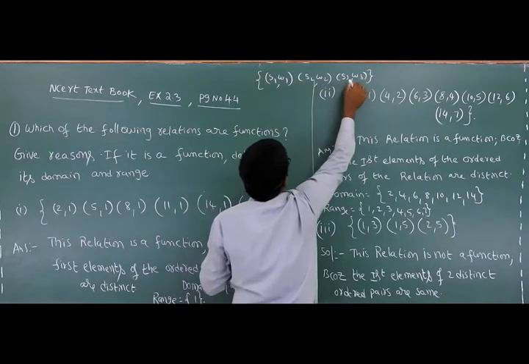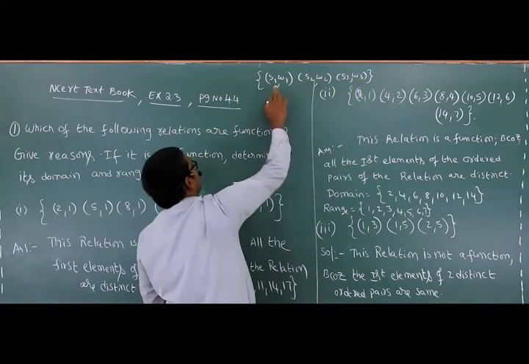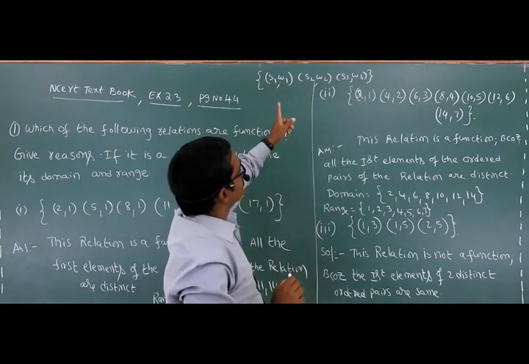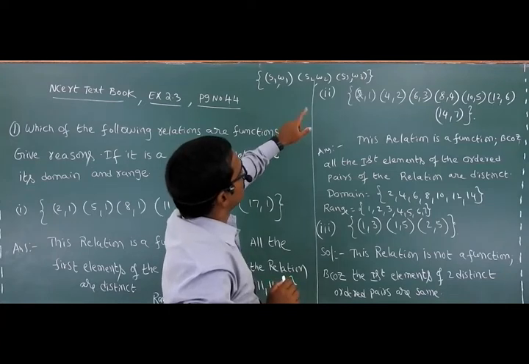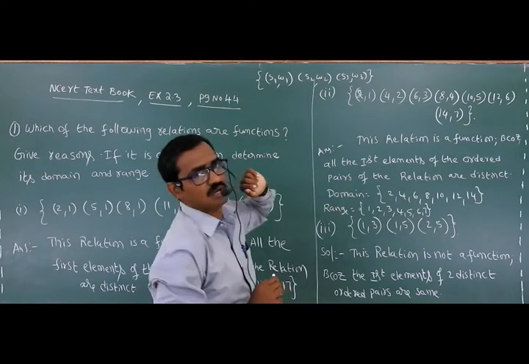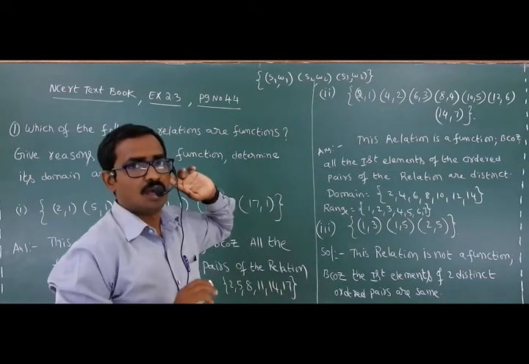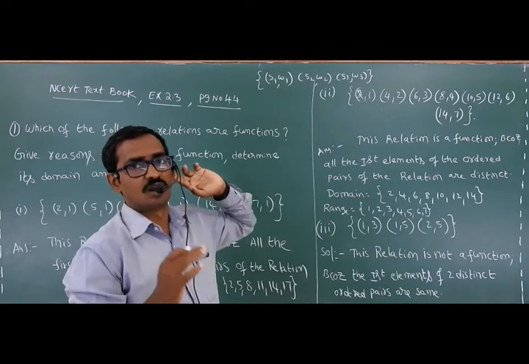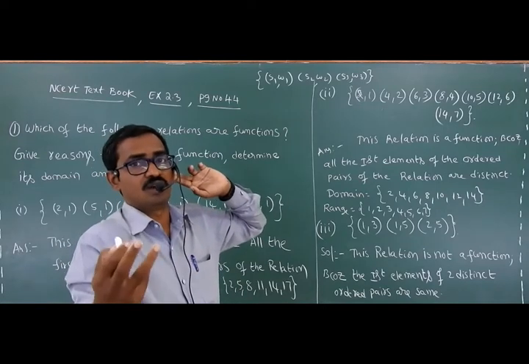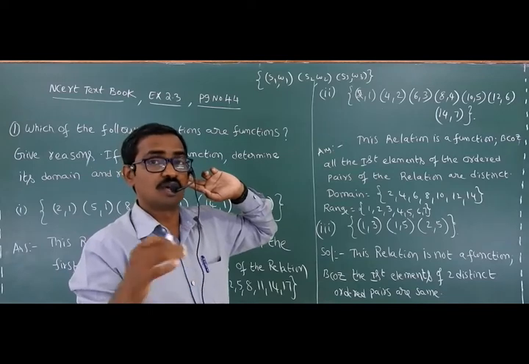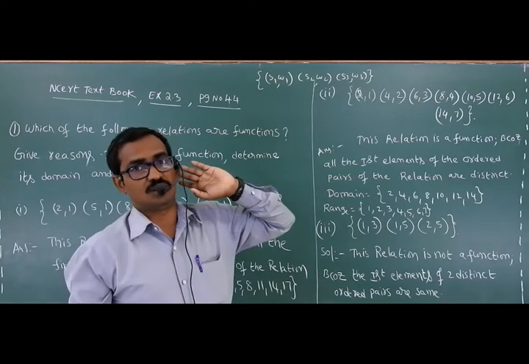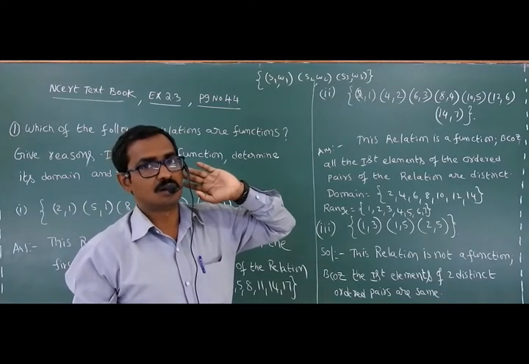This relation is a function because S1 has one wife, S2 has one wife W2, S3 has one wife W3. If any one son, either S1 or S2 or S3, has more than one wife, then it is not a function. Is it clear?